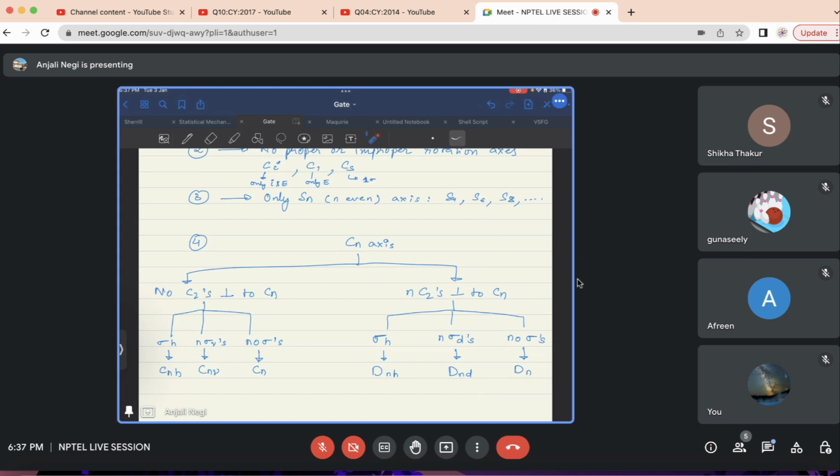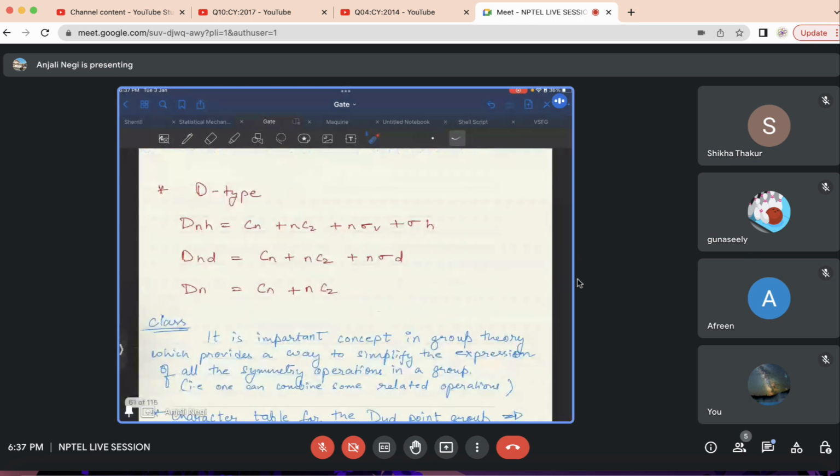Okay, now I can just simply write down the D type as so Dnh, I can write it down like Cn plus nC2 plus n sigma v plus sigma h.